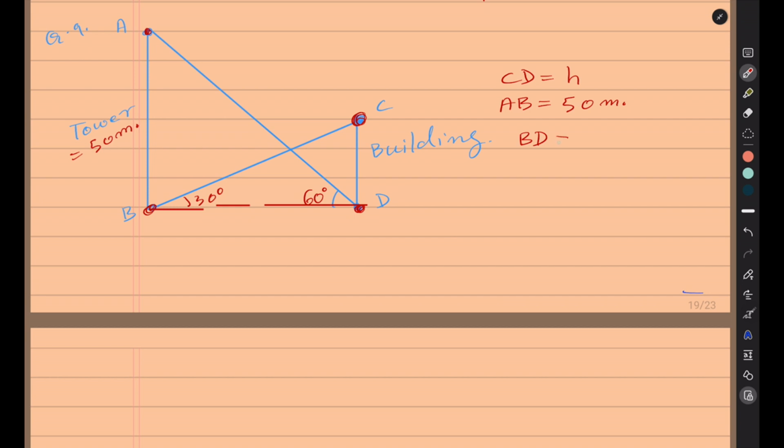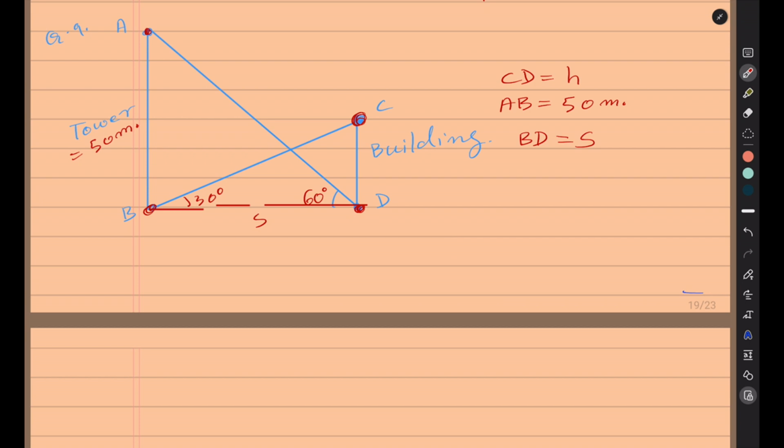We don't know the distance BD, so let it be S meters. So this is BD. Why have we done that? Because we will require it in our trigonometrical ratio. Although I think it is not required to be found, we will see.